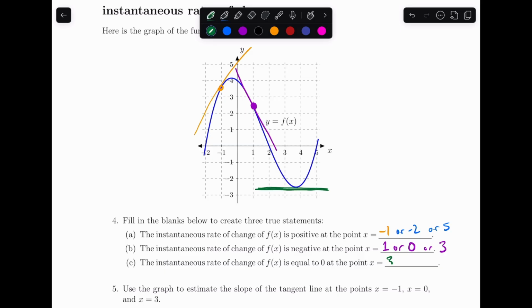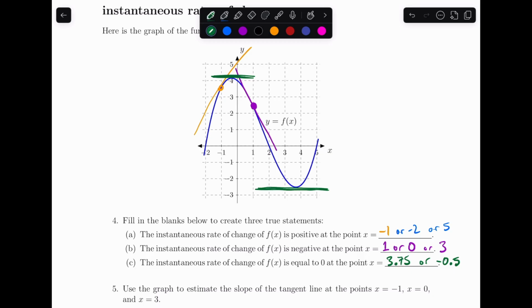I'm not too picky about estimating it exactly. We could correctly say, likewise, the top of this hill, maybe -0.5. And in fact, those are the only two answers for a horizontal tangent line. That is an instantaneous rate of change equal to 0.